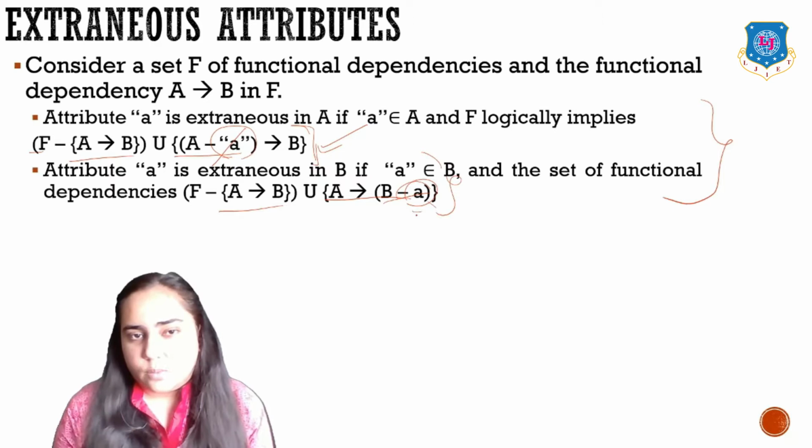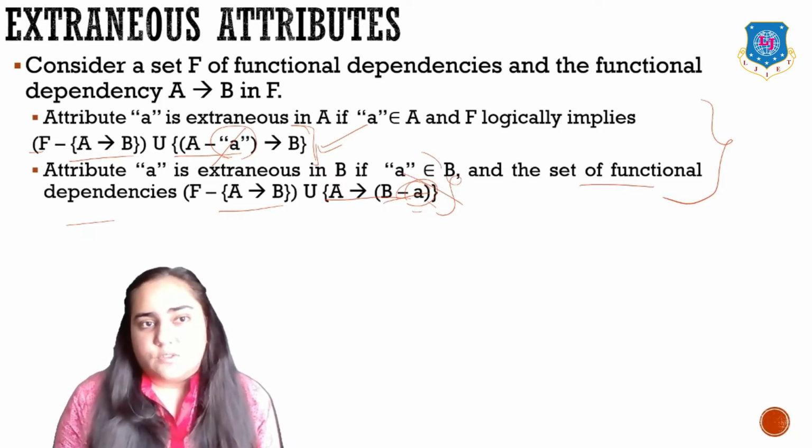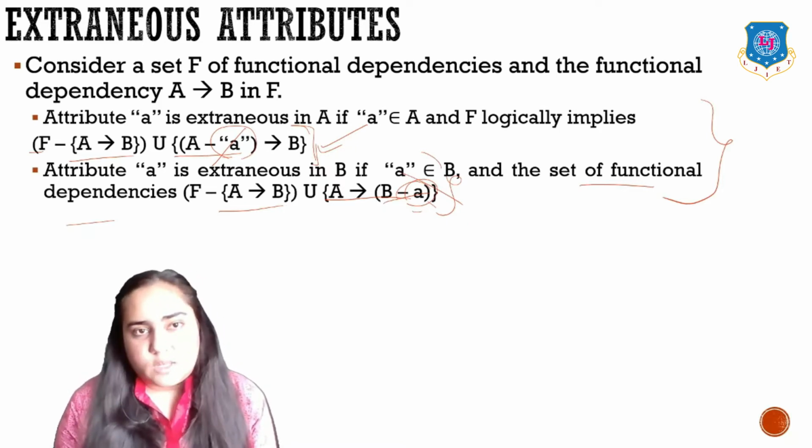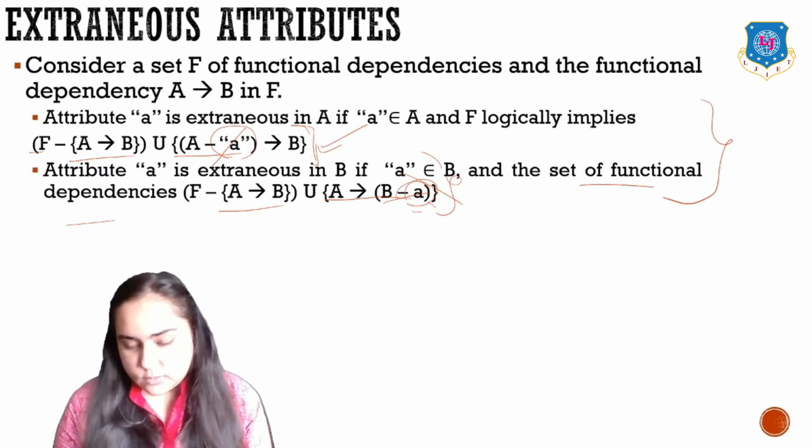Then once again, you can generate the original dependencies without worrying about having removed this extra attribute. So these are the two rules for extraneous attributes. And now we are going to try to solve a question of finding canonical cover by using these two rules.